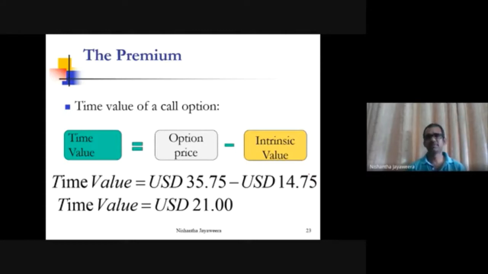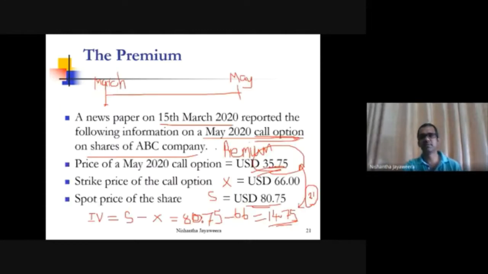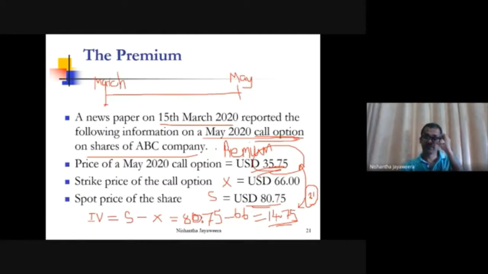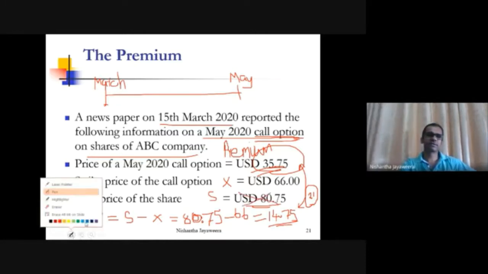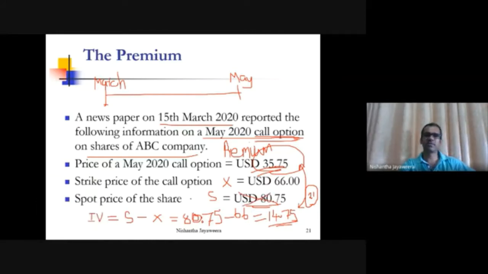Okay, tell me, in this example, the strike price of the call option is 66, spot price 80.75. Instead of this 80.75, if the spot price was say 55, what is the intrinsic value?